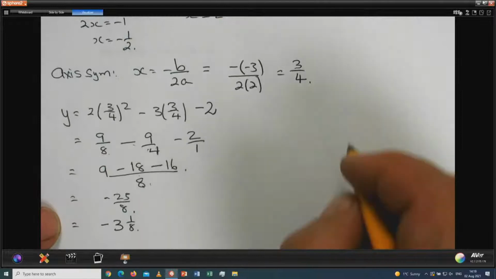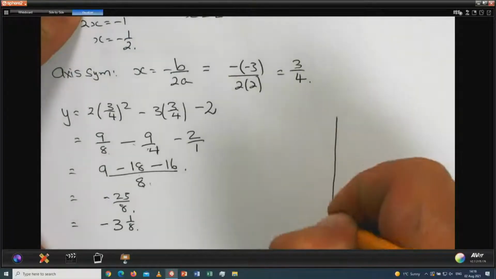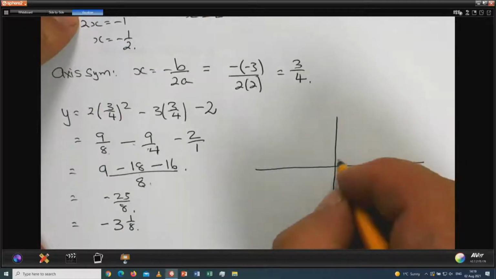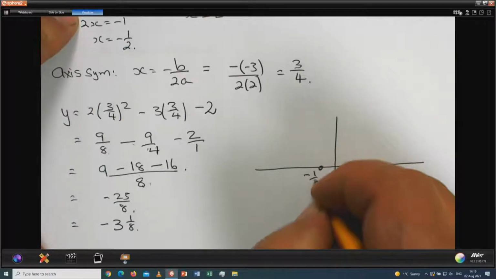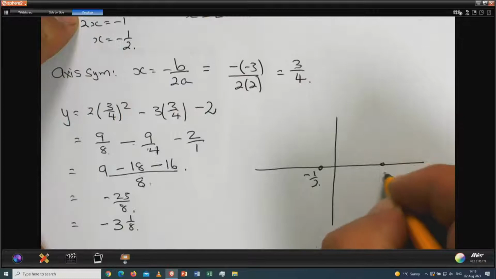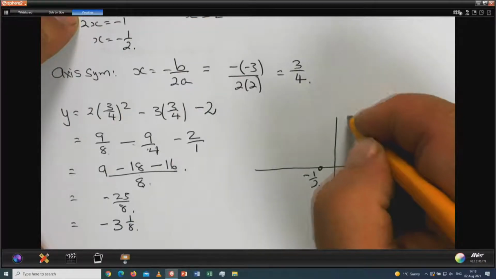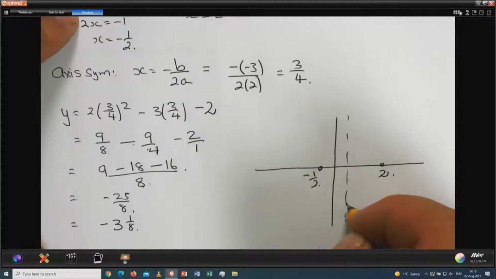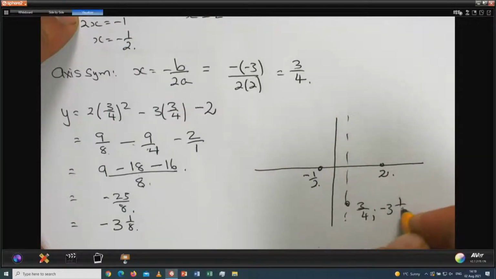So in this case, to sketch the graph, your x-intercepts are negative a half and 2. Your axis of symmetry is x equals 3/4, and your turning point is 3/4 and negative 3 and 1 over 8.